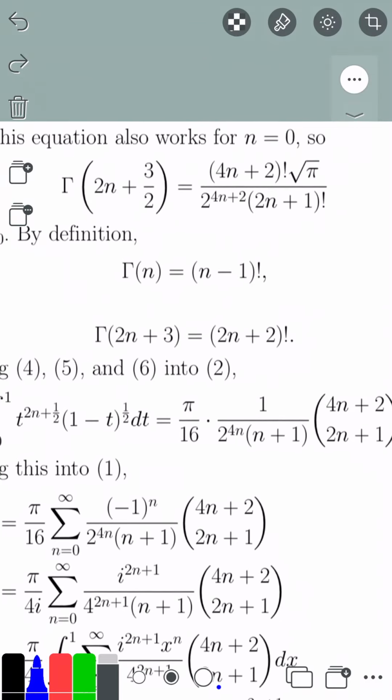And we've also got the square root of pi in this expression times the square root of pi of the gamma of 3 halves, then we've got pi there in the numerator.